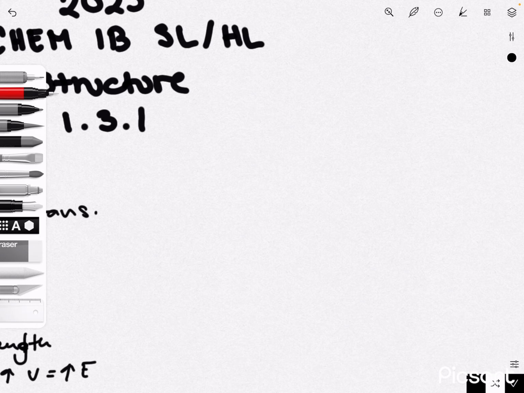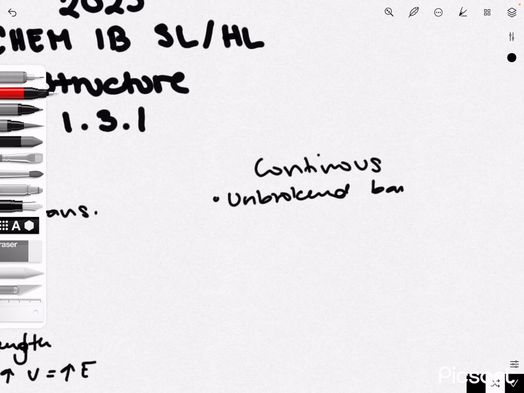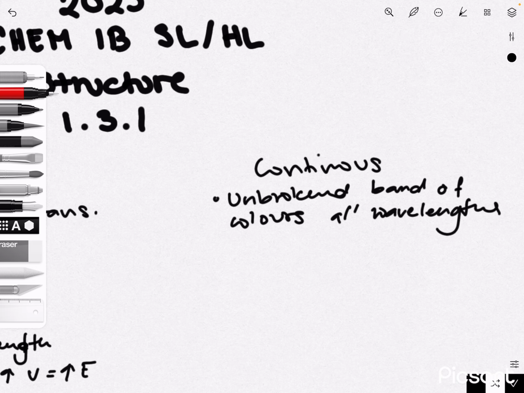Continuous spectra versus line spectra. So continuous spectra is an unbroken band of colors which contain all wavelengths within a specific range.